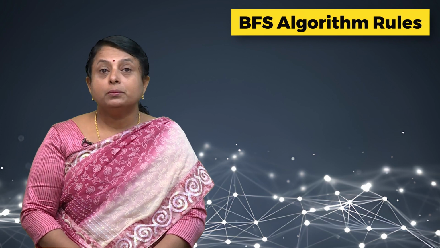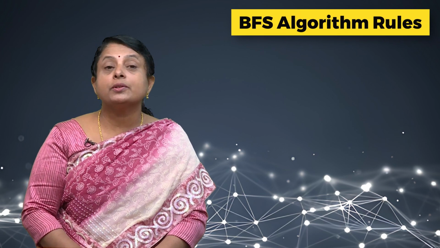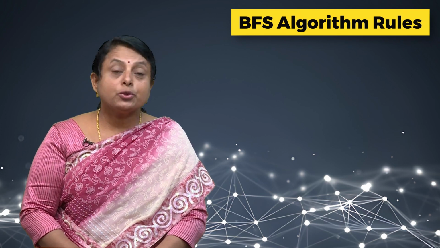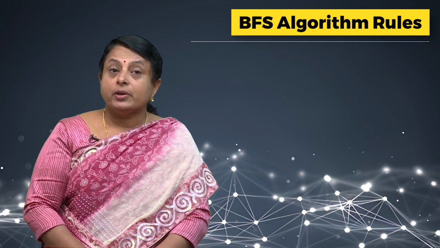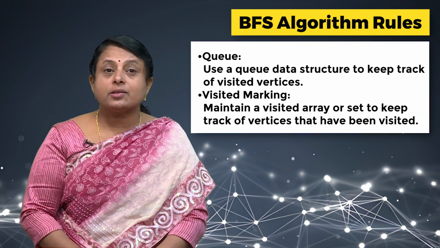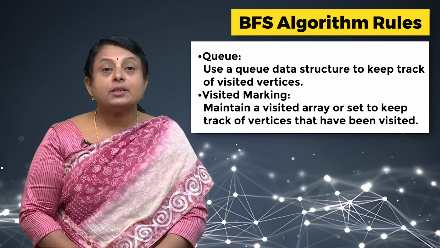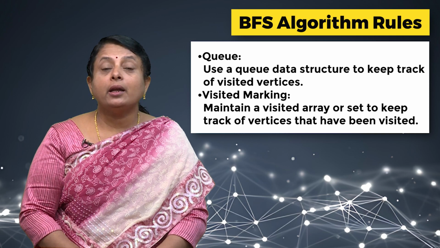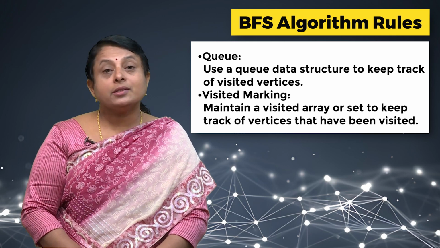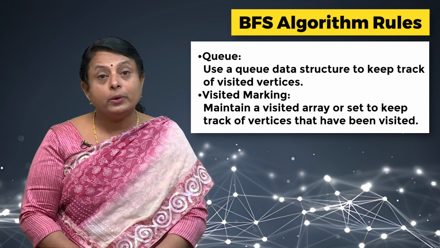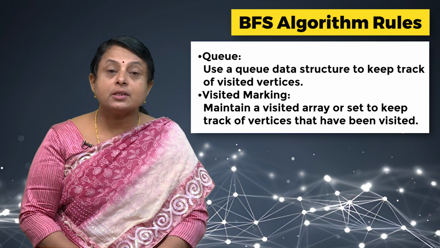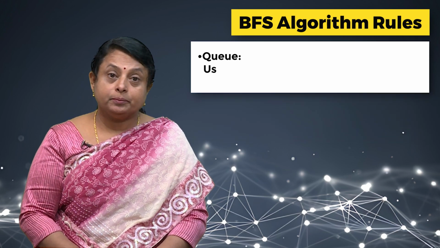There are some BFS algorithm rules to be implemented. First is the queue: use a queue data structure to keep track of visited nodes. Visited marking: maintain a visited array or a set to keep track of the vertices that have been visited during the traversal.